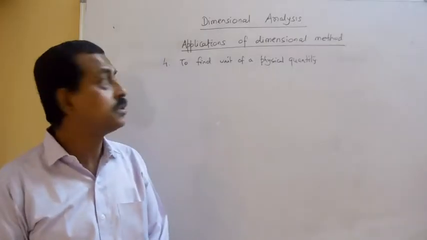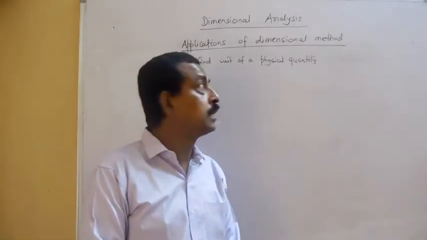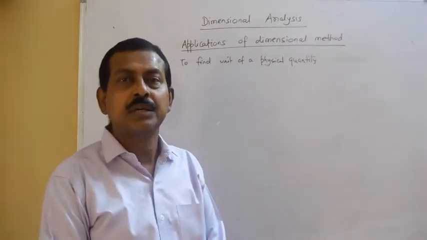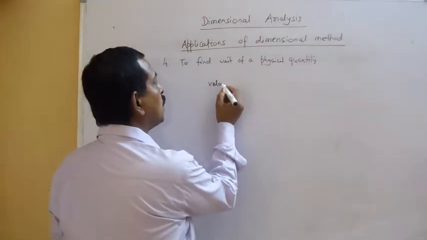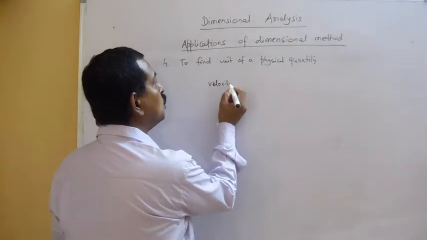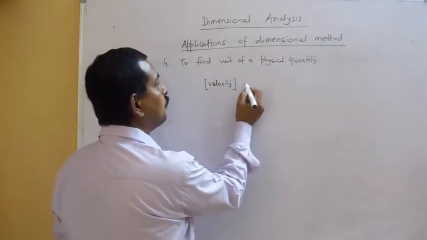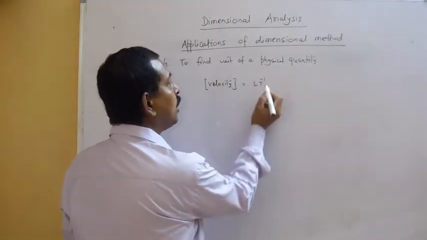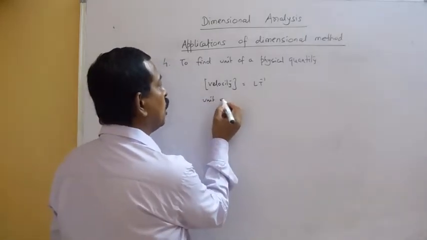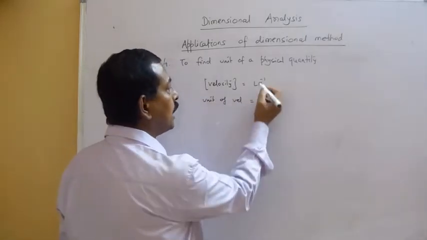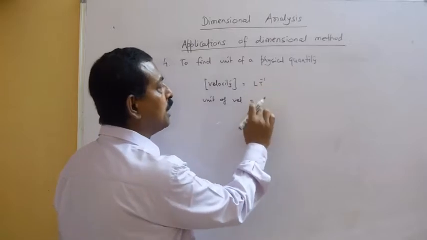Next application is to find the unit of a physical quantity. Suppose we want to find the unit of velocity. First of all, you will find the dimension of this one. This is L T power minus 1. So the unit of velocity, we can write as the corresponding units of those base units.